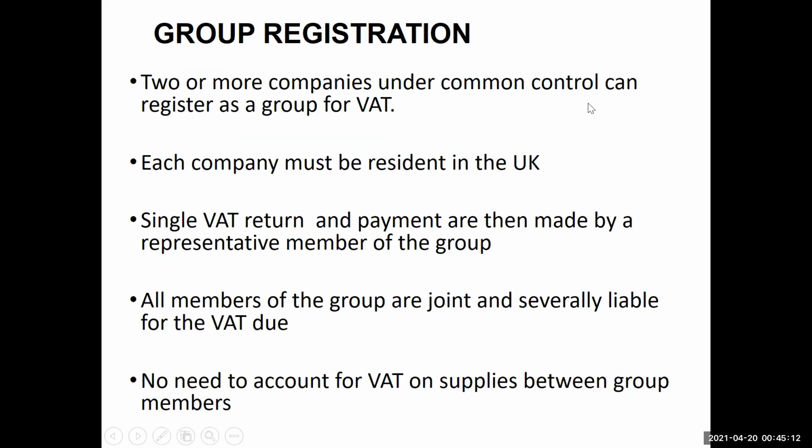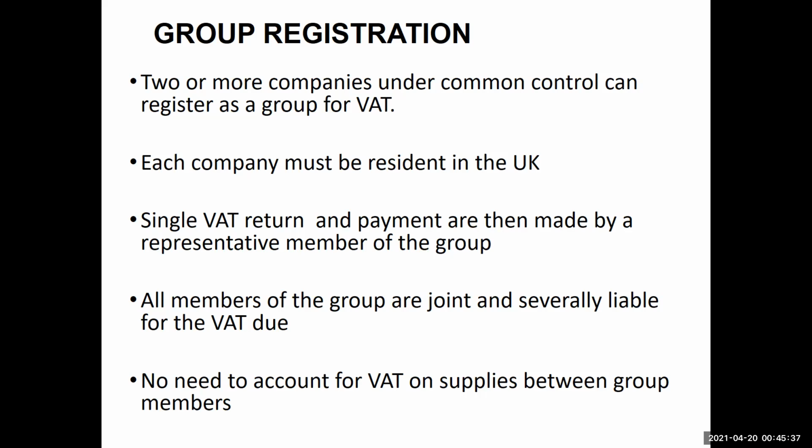Now, group registration. Two or more companies under the same control can register as a group for VAT, and they must be resident in the UK. In this case, they will file a single VAT return, and they can claim only once as a group. The different parties within cannot claim differently or file differently.